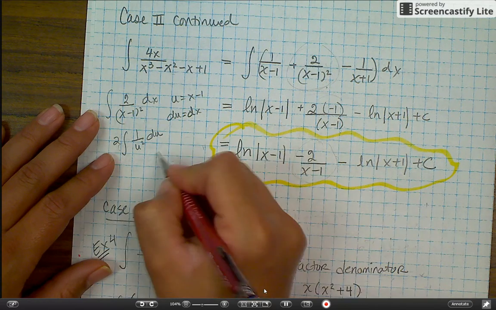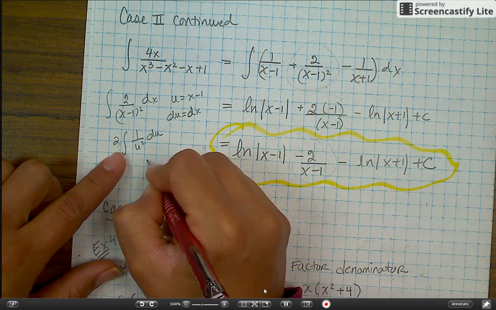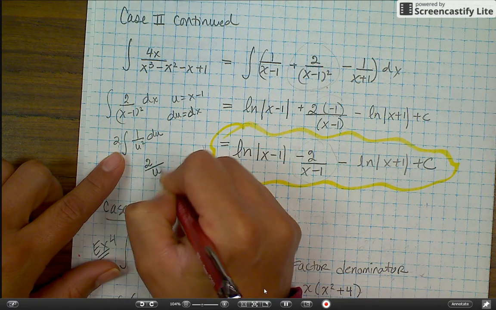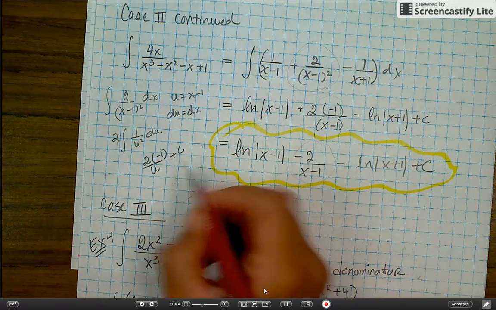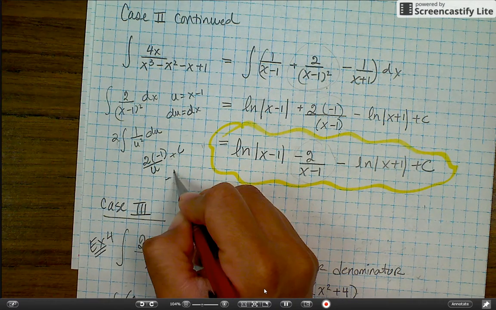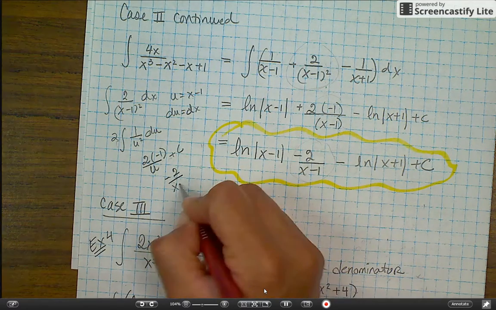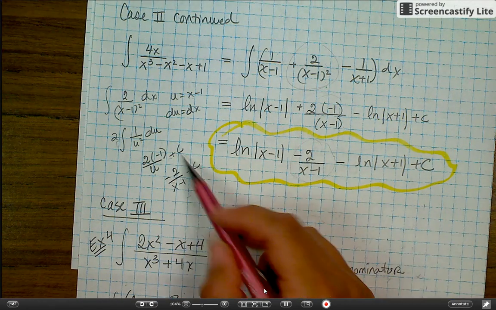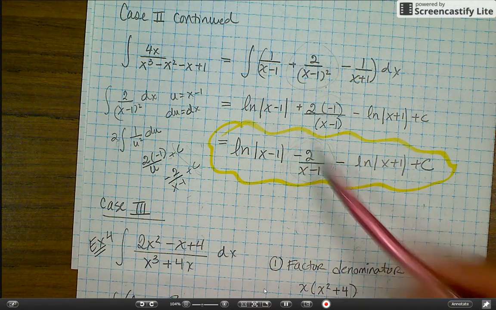And what would that be? You would undo this power rule, so then it will be 2 divided by u times -1, or divided by -1 plus c, which then ends up being -2. And what is our u? It is x minus 1 plus c, which, ignore that plus c because that's going to go at the very end. And that is how we get this expression here.